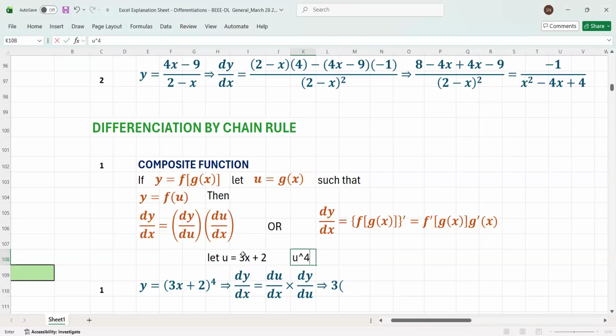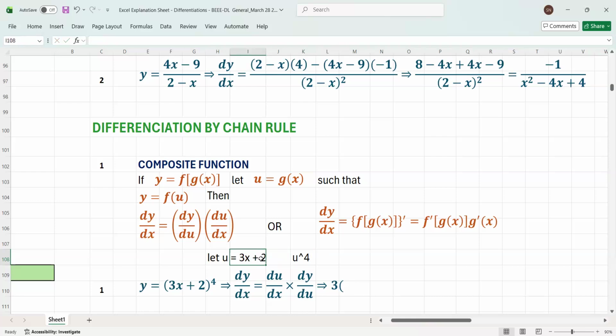First of all, differentiate y with respect to u, so dy/du. Then I'm going to differentiate u itself, du/dx.